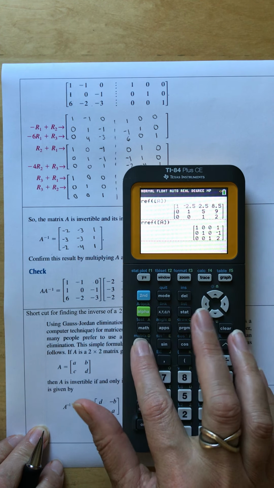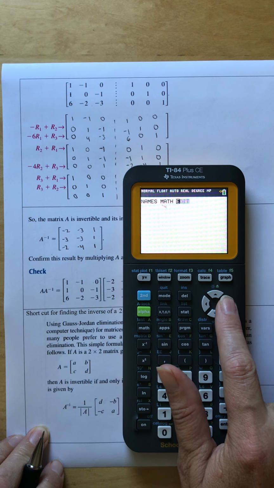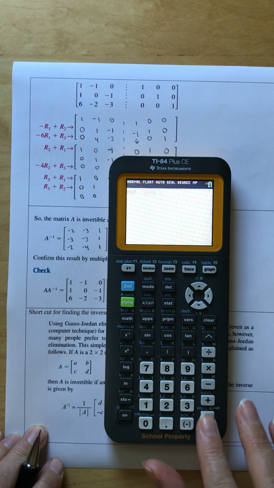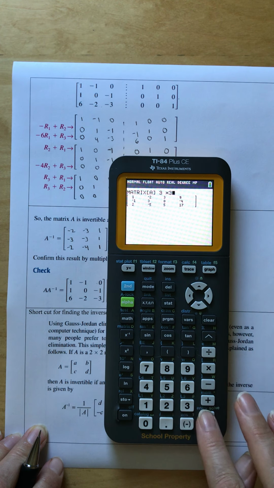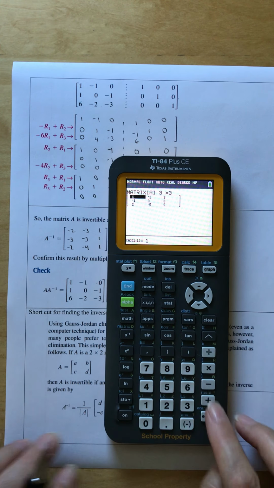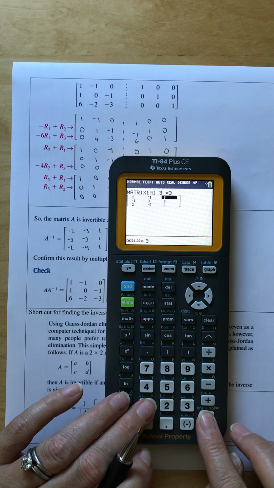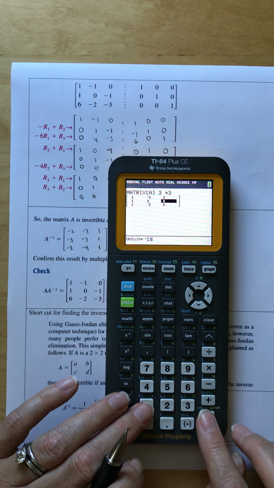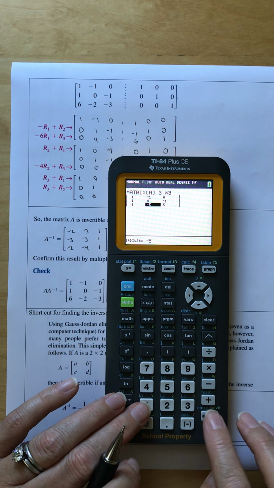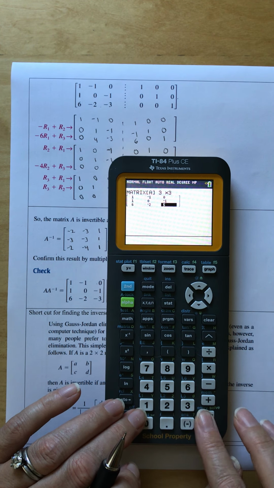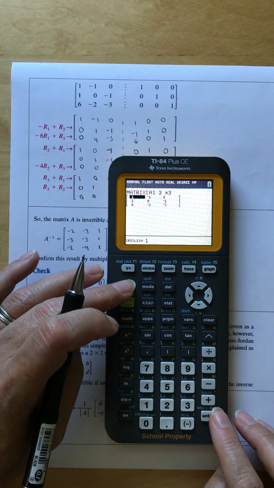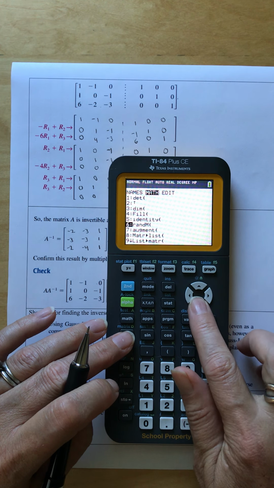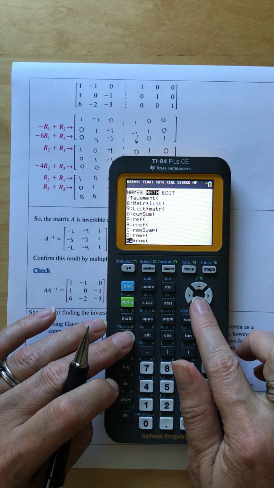So you would do second matrix, edit, and if I want a 3 by 3 matrix, I'm going to do 1, negative 1, 0, 1, 0, negative 1, 6, negative 2, negative 3. And then go to matrix, math. Somewhere on this list will be the inverse.